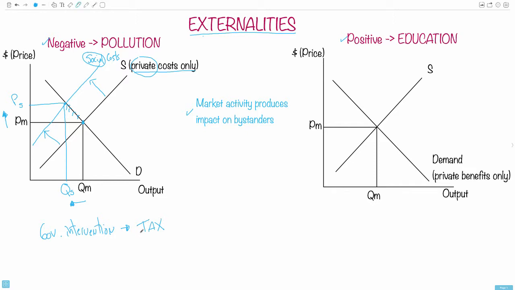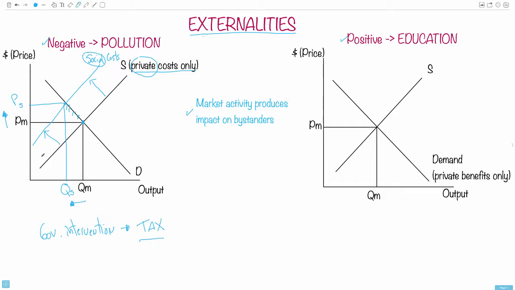So the government is going to tax production in an effort to force companies to internalize the externality, which means making sure that these companies take into account not only private but social cost. And the tax, presumably, is going to be of an amount equivalent to this gap.